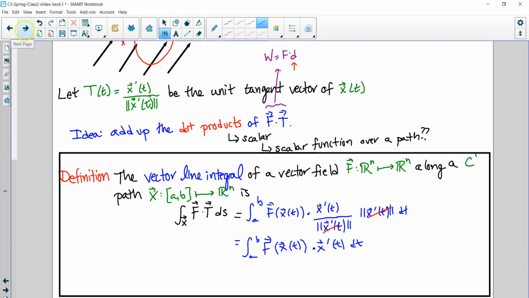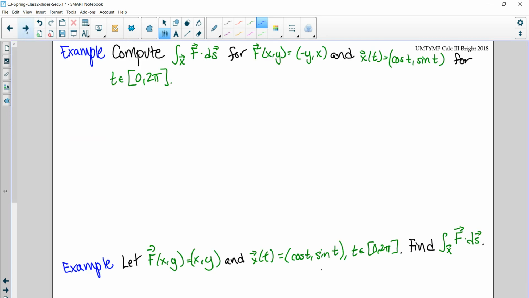We have a dot product since we have two vectors, and we're going to get some examples in here quick. All right? So pause the video and read this if you need to. I'm just going to jump right in. I'm going to get the integral from 0 to 2 pi of the vector field composed with the path.